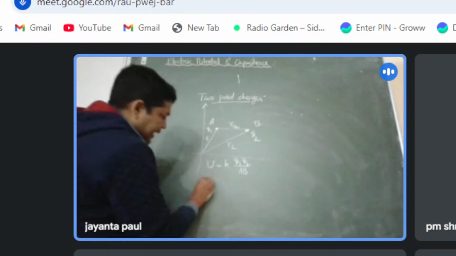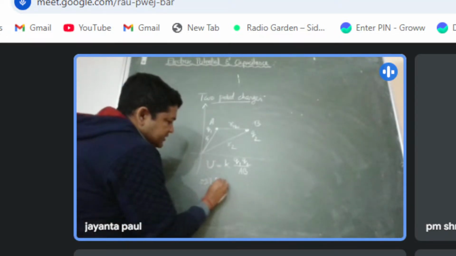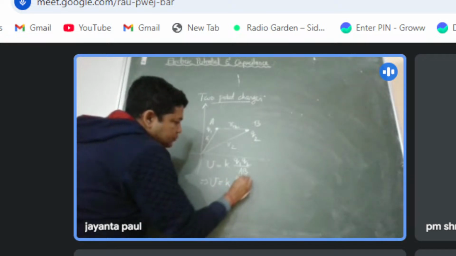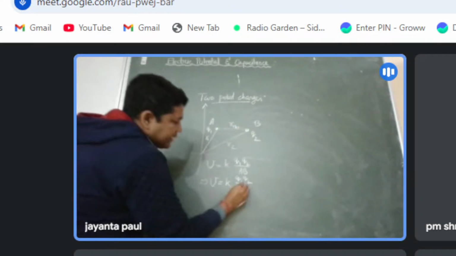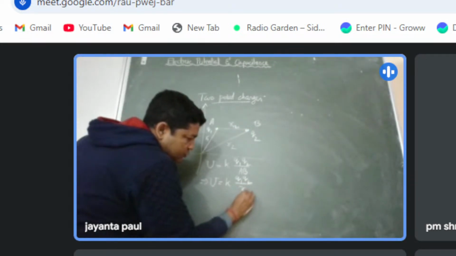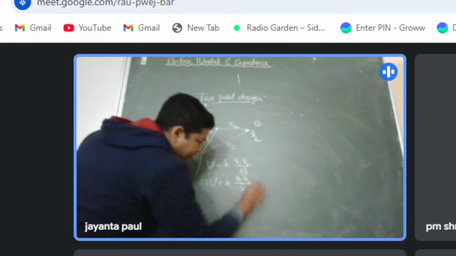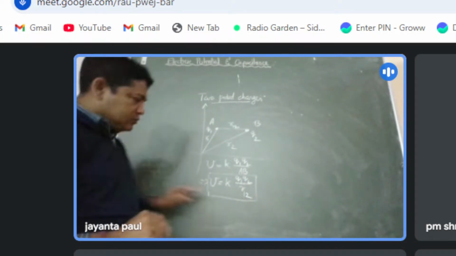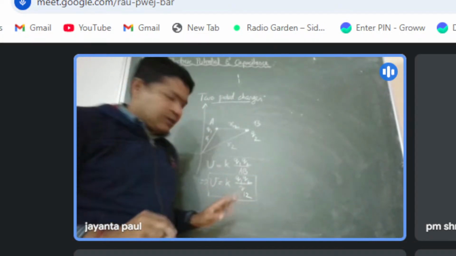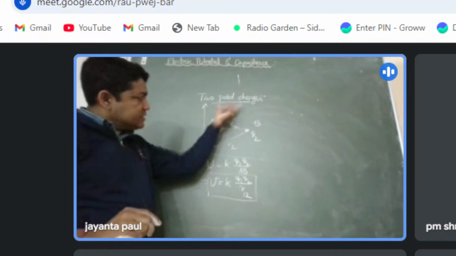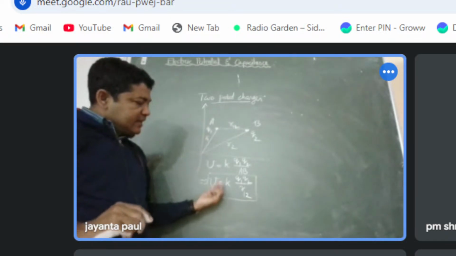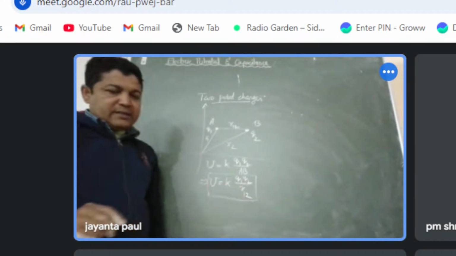So I can write it as potential energy is k q1 q2 divided by this distance, you can write it as r suffix 12. So my request, you have to recall this one, that the potential energy of a system of 2 point charges is k q1 q2 by the distance.